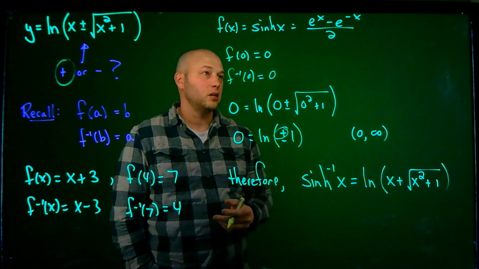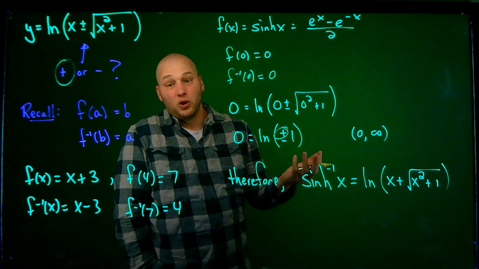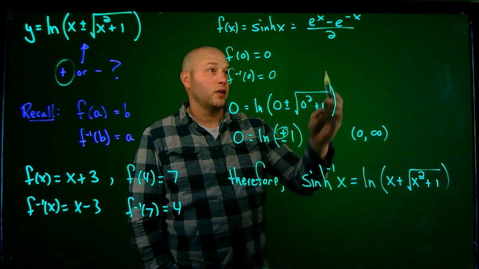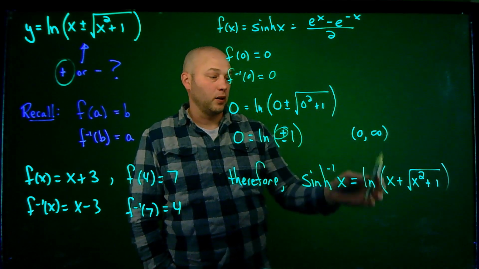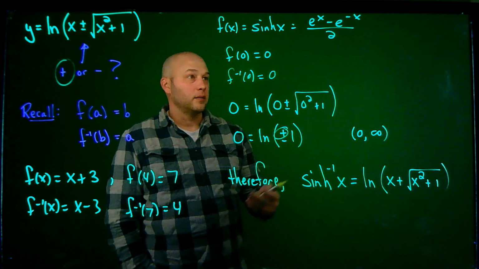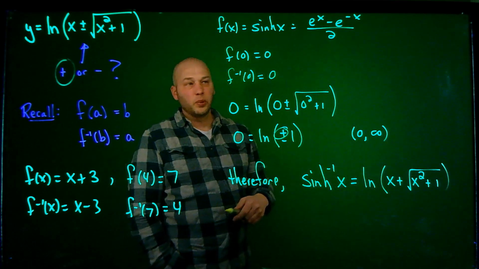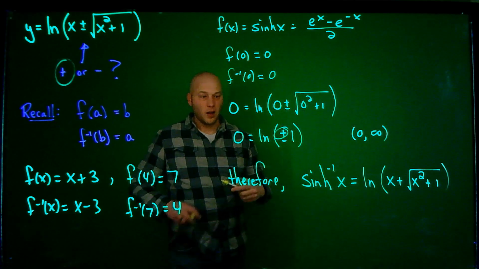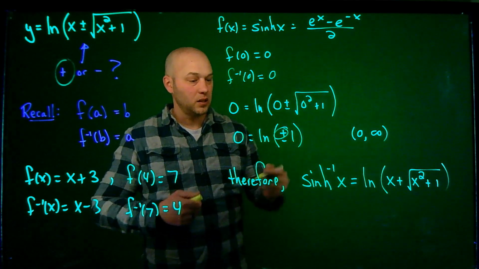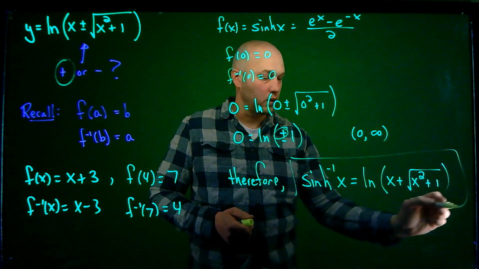So that should seem somewhat intuitive. And then of course I've got a subtraction here, and here there's an addition, and the square and the square root might not be completely analogous, so you might not see where that comes from. But the idea is that this is then the expression for the inverse hyperbolic sine.